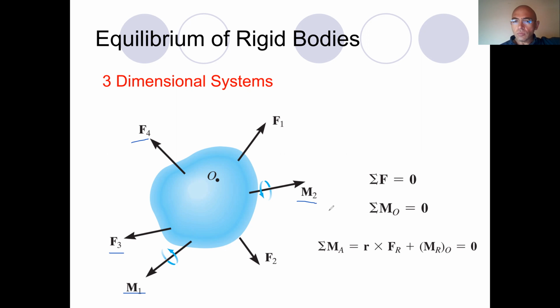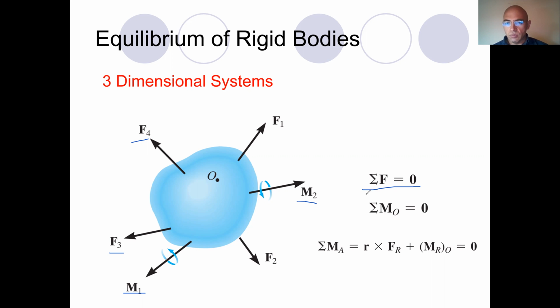In fact, remember that a particle is an object which doesn't have a geometry. It just has a mass. We have said that the sum of the forces acting on the particle has to be zero for it to be in static equilibrium. Now we have an additional condition in three-dimensional space.